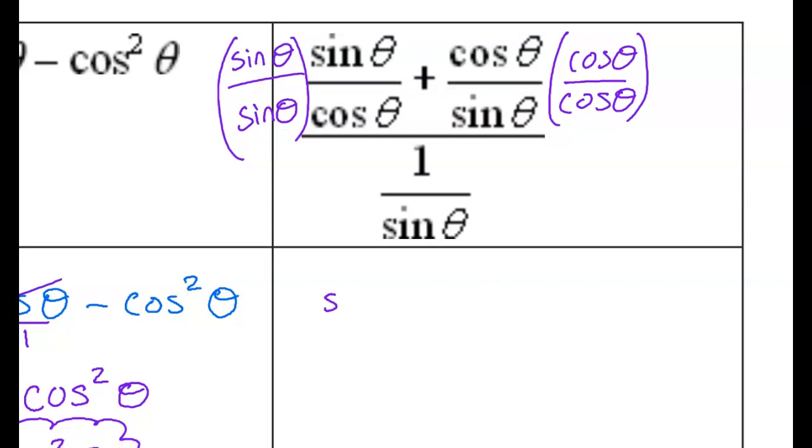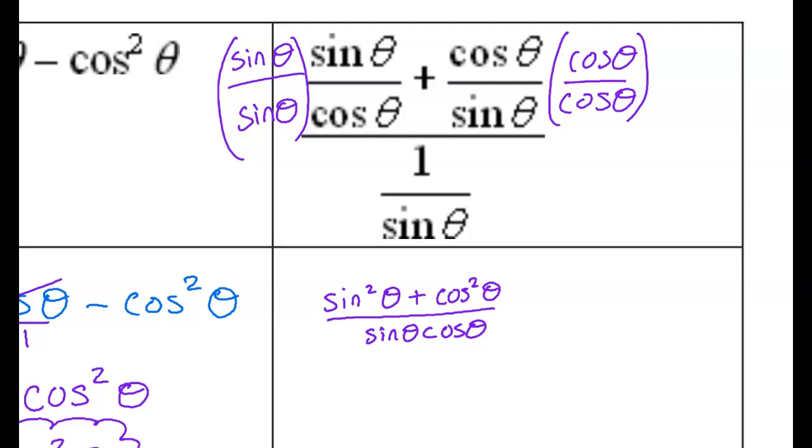Sine of theta times sine of theta is sine squared of theta over sine of theta times cosine of theta. And I'm just going to immediately put this into one fraction by adding the numerators over the same denominator. So I have sine squared of theta plus cosine of theta times cosine of theta, which is cosine squared of theta.